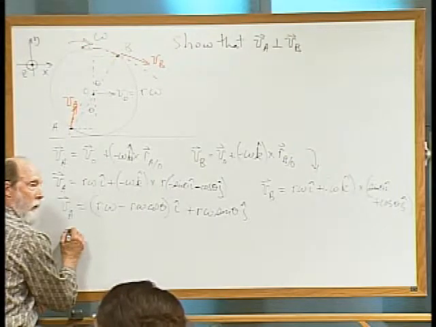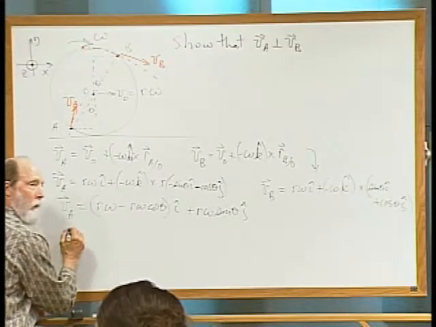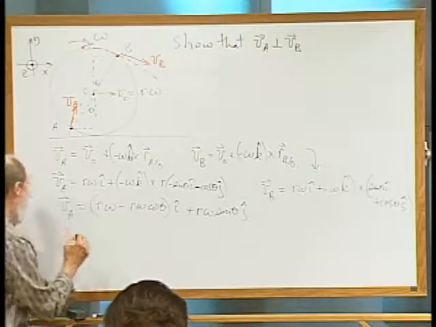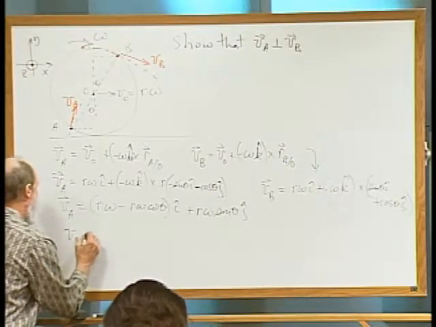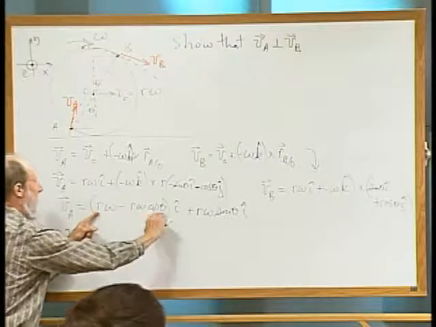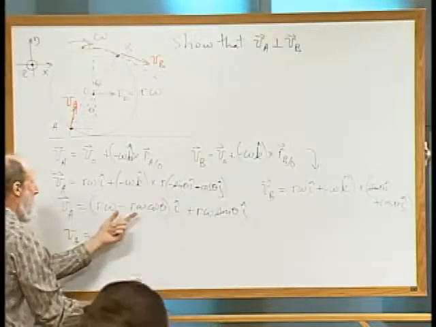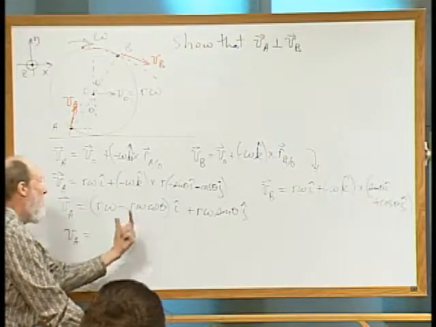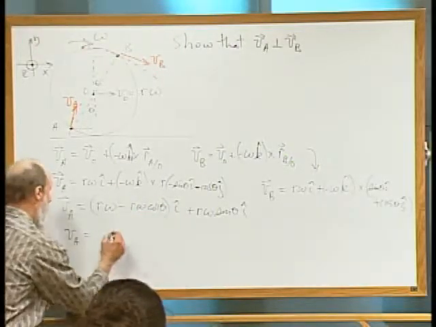In the question, the first part was find an expression for the velocity of A, the speed. So the speed is going to be the square root of the sum of the squares of these terms. Notice that there's a common r omega squared up inside the radical.